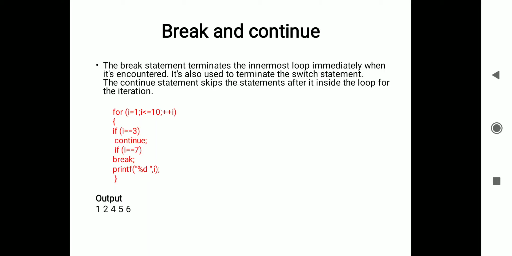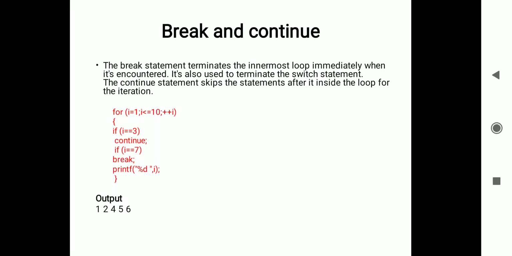For example, assign i equal to 1, i less than or equal to 10, and i plus plus, which means increment of i. The condition is: if i is equal to 3 then continue, otherwise if i is equal to 7 then break, and printf of %d comma i.